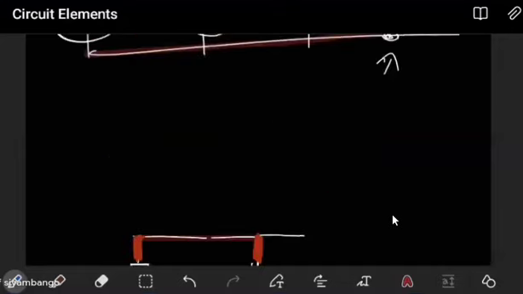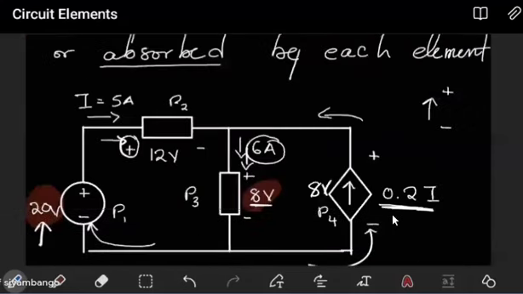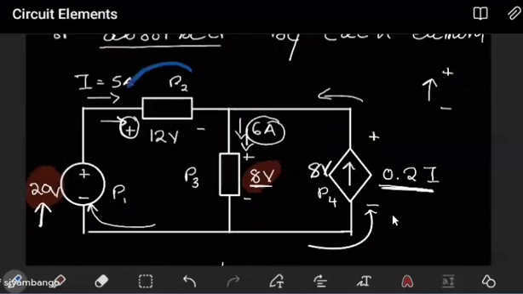Yes. So based on that, when you look at our circuit here, the presence of this circuit element ensures that P1 and P3 are not parallel. Do you get it now, right?